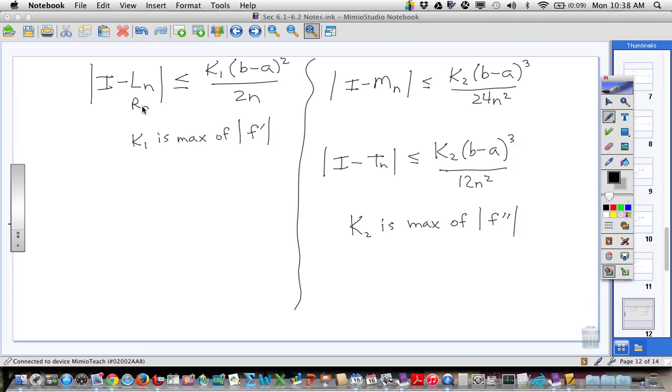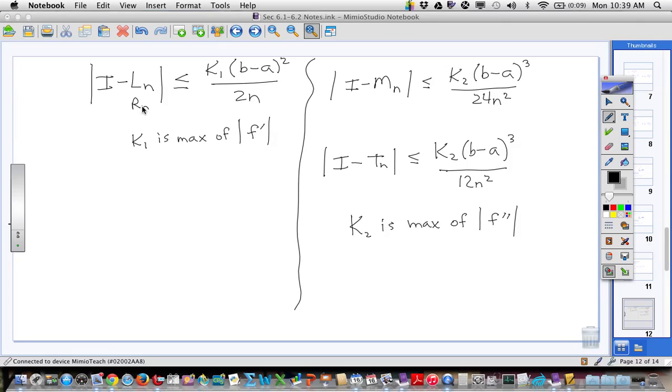So I is the exact area. L or R is our approximation. So when you subtract those, that's how much error. And what we're saying is the amount of error is less than or equal to this. So that's why this side is our max error. Now remember that K1 is the max of F prime. Okay, in a minute we'll show how we're going to do some example problems on there. Okay?